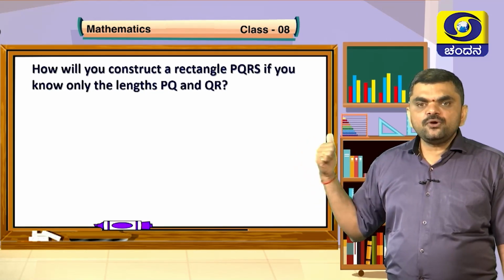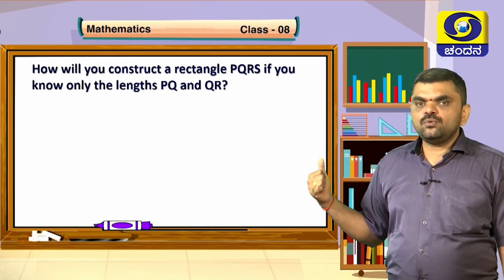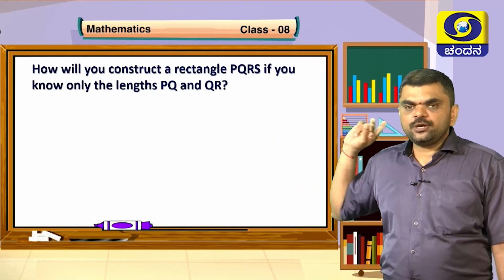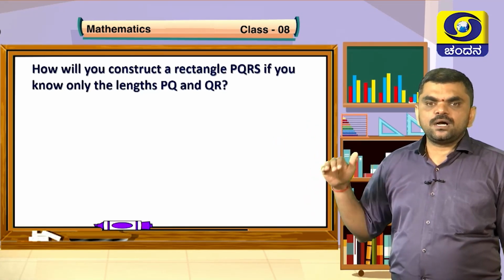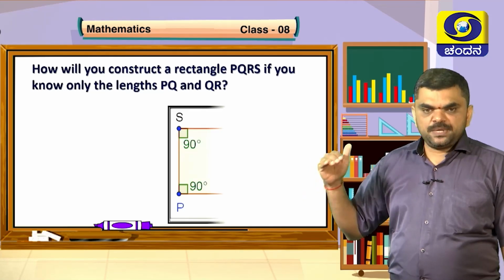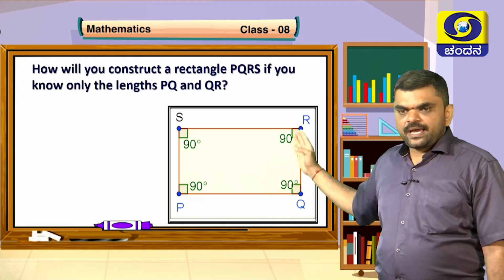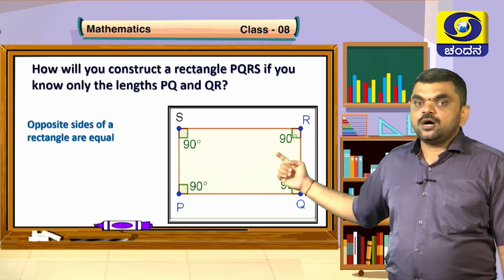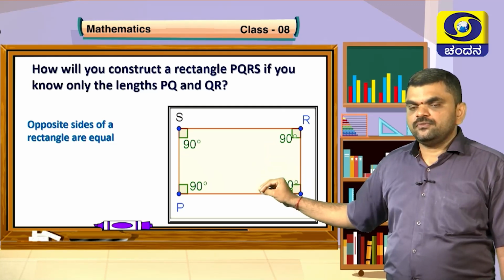Now how will you construct a rectangle PQRS if you know only the length of PQ and QR? They have given only 2 sides. They asked us to construct a quadrilateral, which means a rectangle. In a rectangle all the 4 angles are 90 degree. Yes, opposite sides of a rectangle are always equal, that we know.